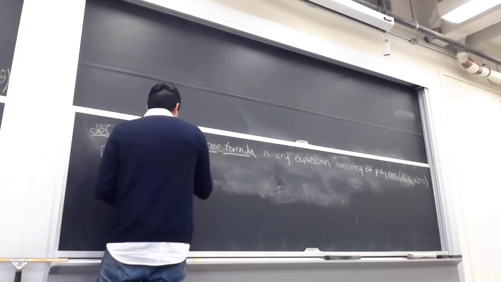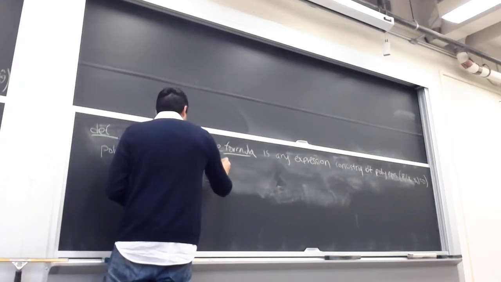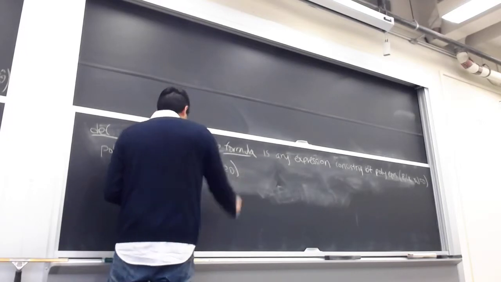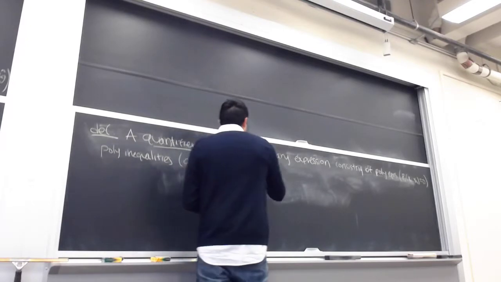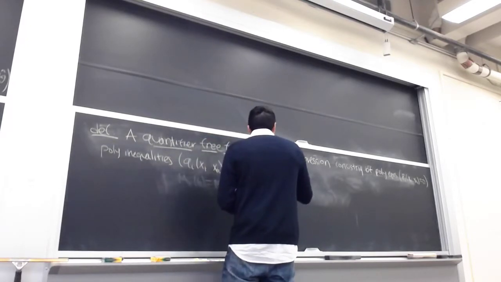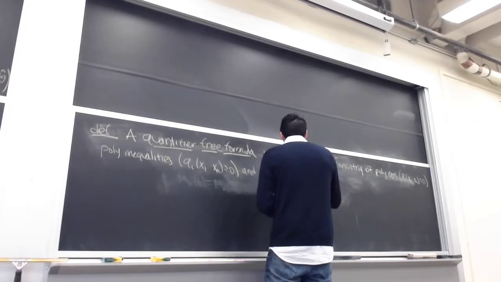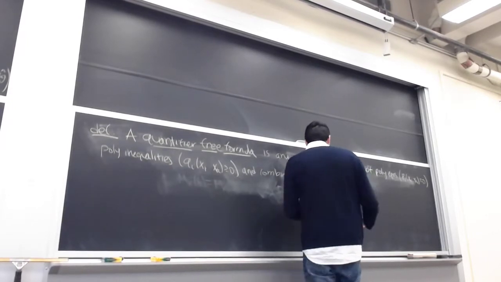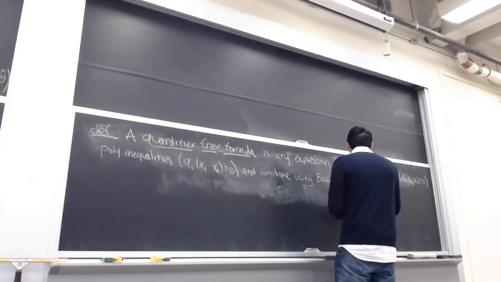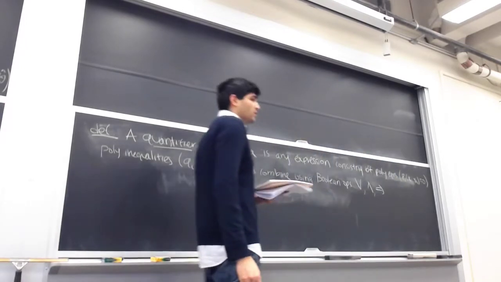You can have things like q_i, where this is again a polynomial, is non-negative. And you can combine these expressions using any Boolean operations. For example, or, and, implies will be useful ways of defining it.